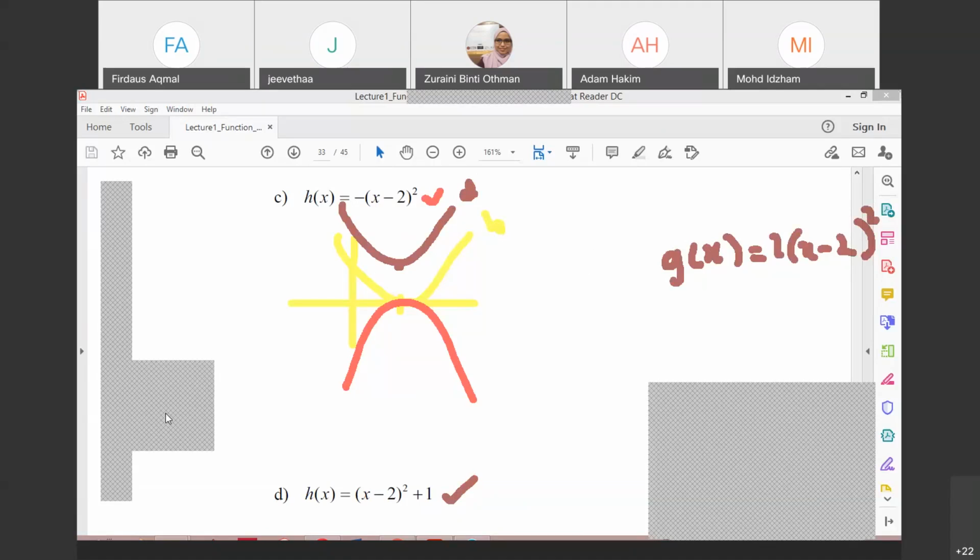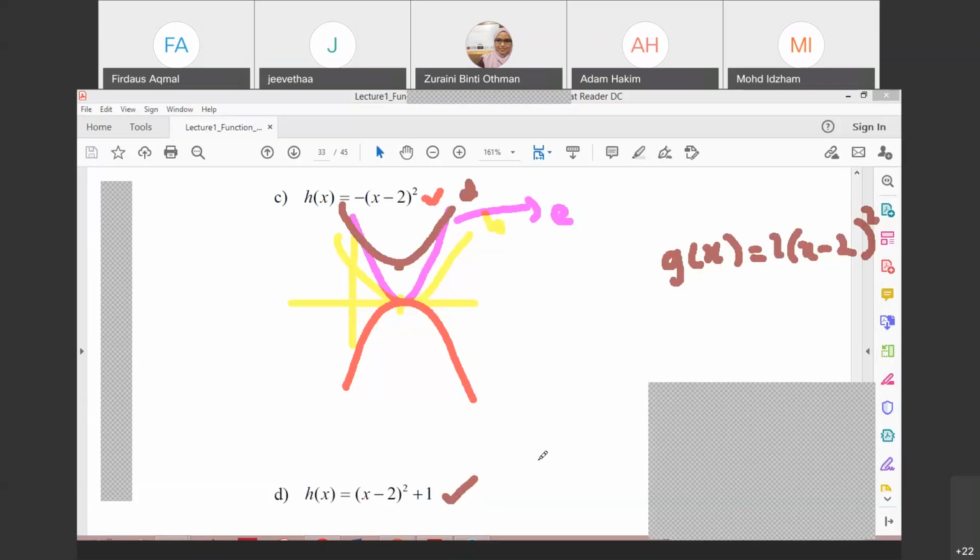Meaning we are referring to B also, but it will shrink. The bottom point is the same, but it becomes narrower. Okay, this is the graph for E.